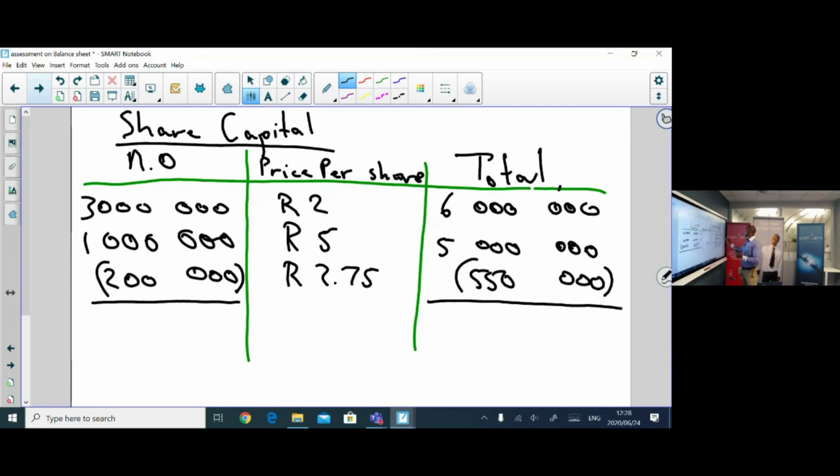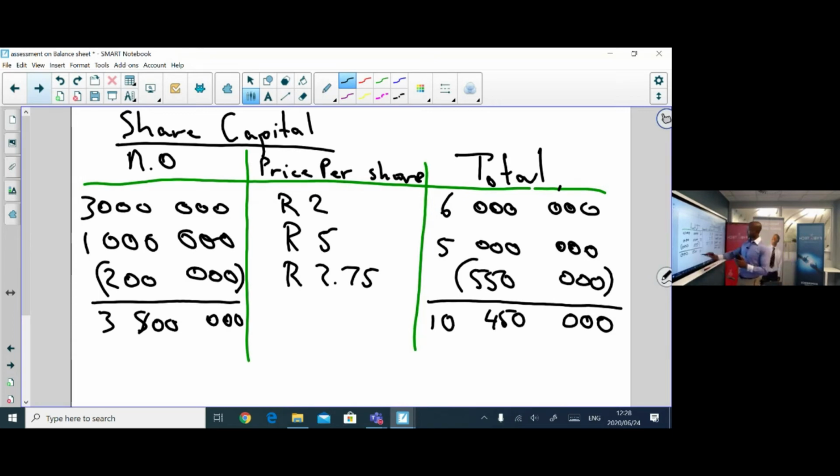So now the shares issued are 3,800,000, and the share capital is 10,450,000.